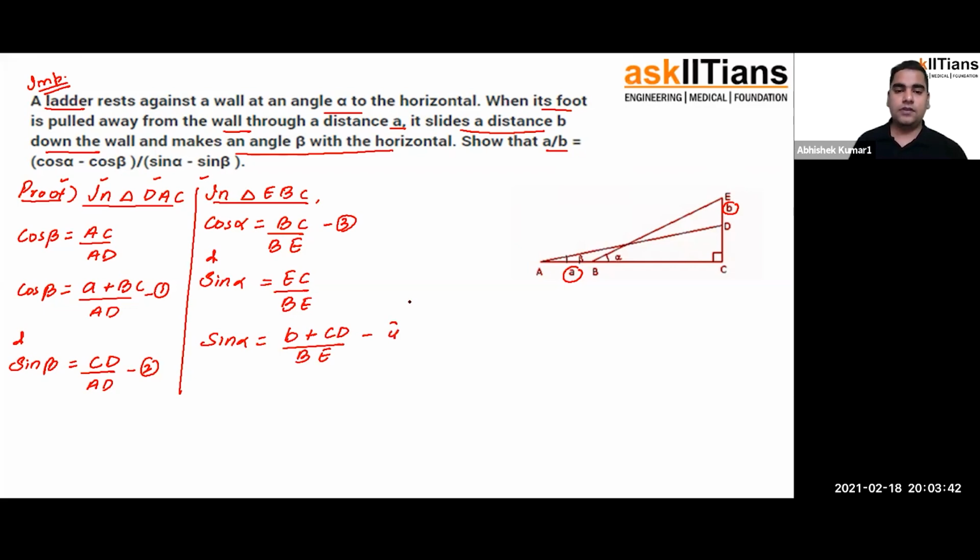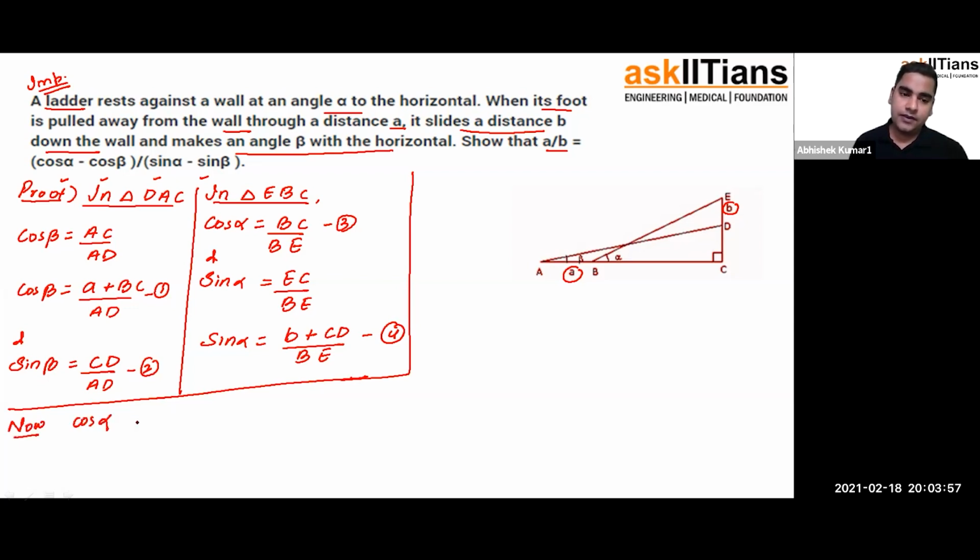Fourth. Now I have to calculate cos alpha minus cos beta upon sin alpha minus sin beta. So let us put the values.